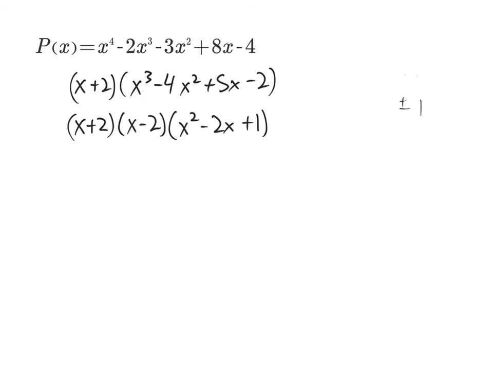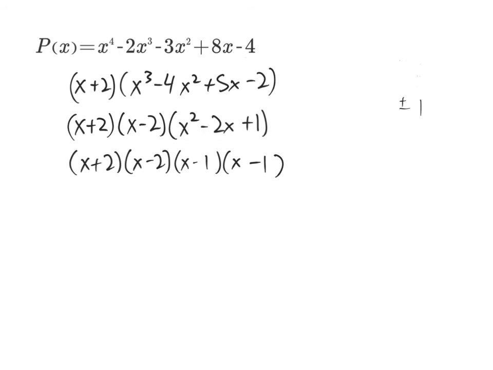I could just keep going with all of this, or if you notice, this is quadratic, which means now I can just factor it. So this becomes x plus 2, x minus 2, and this will factor out. Two things that multiply to 1 but give me negative 2 are negative 1 and negative 1.